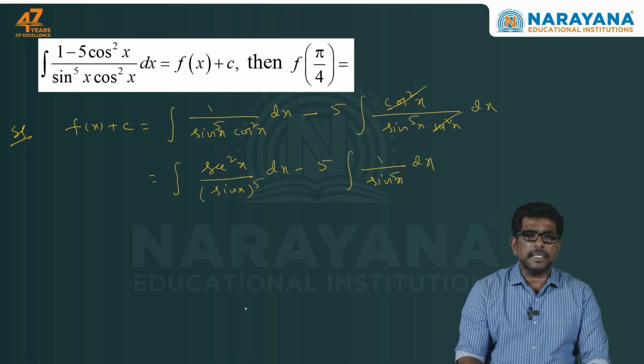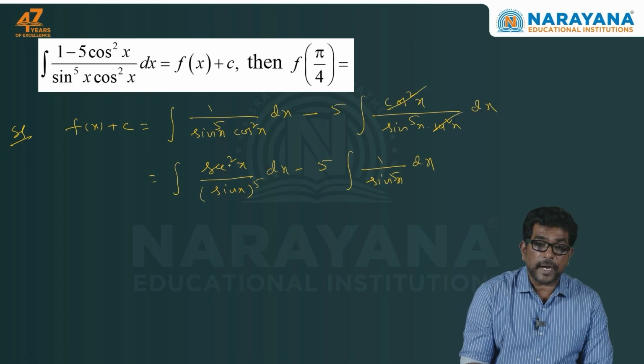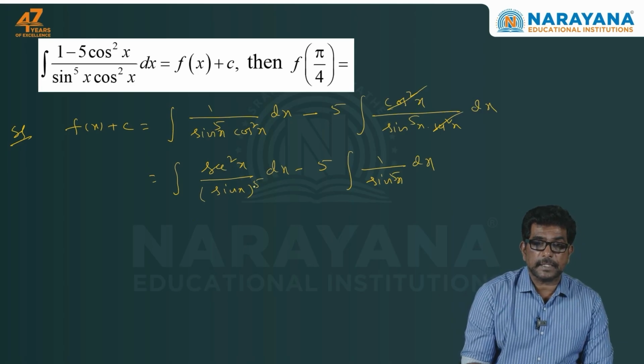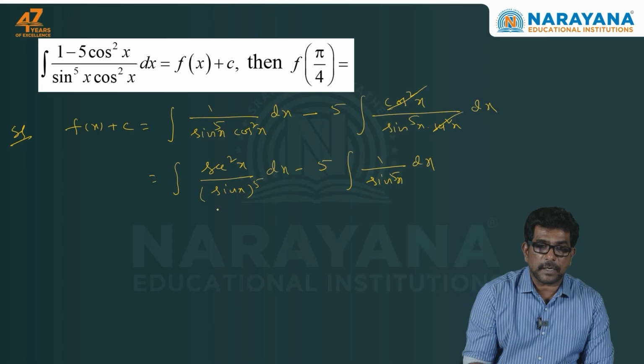Now for the first integral, it is very easy to find the integral of secant square x dx. That's why I am applying integration by parts on the first integral.